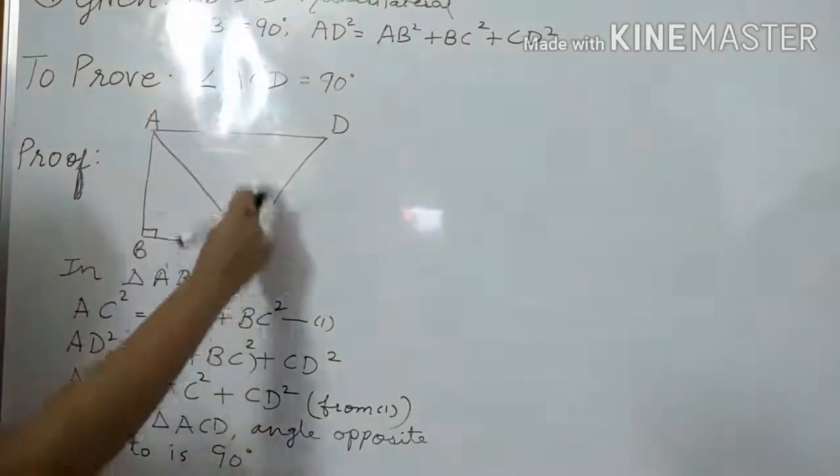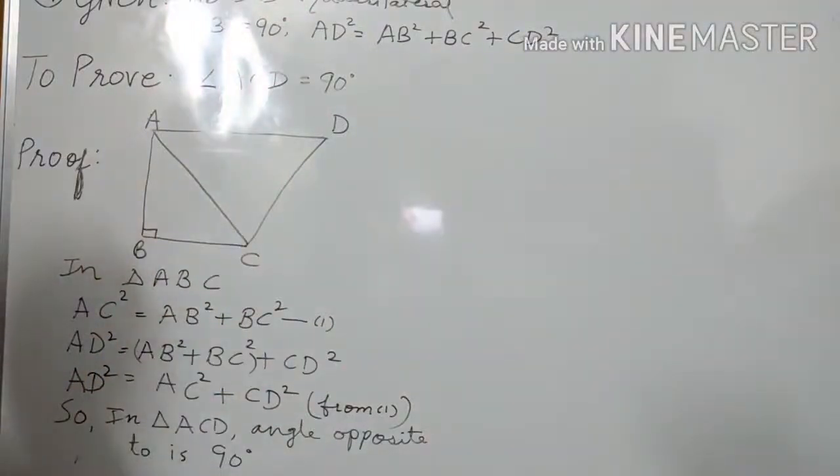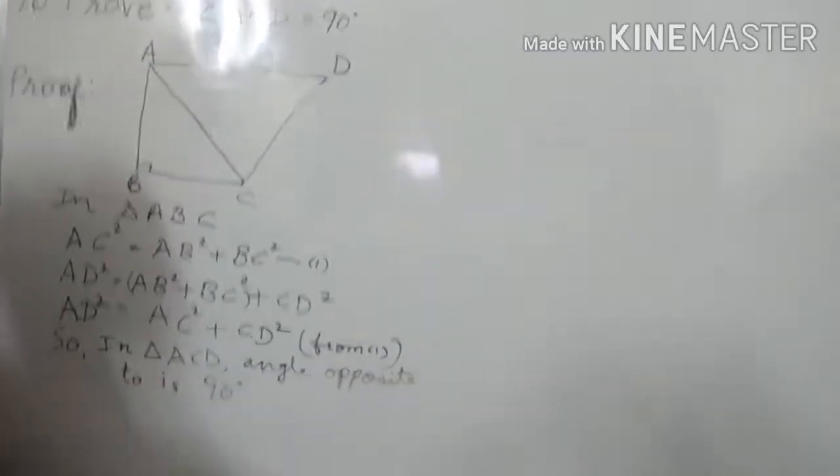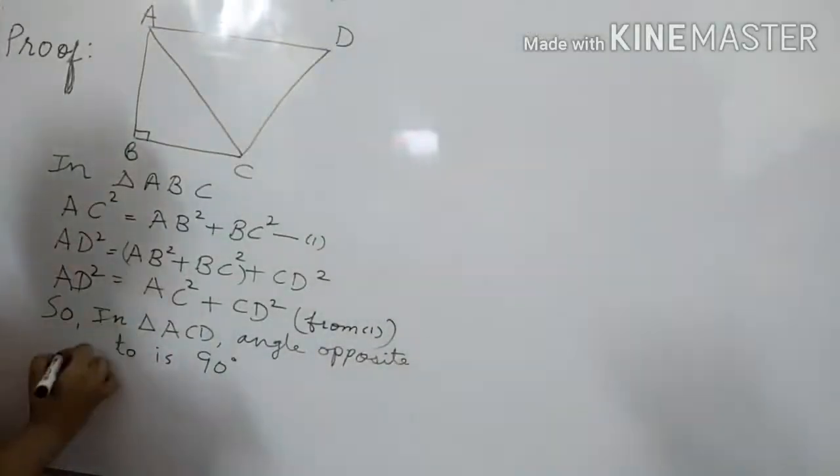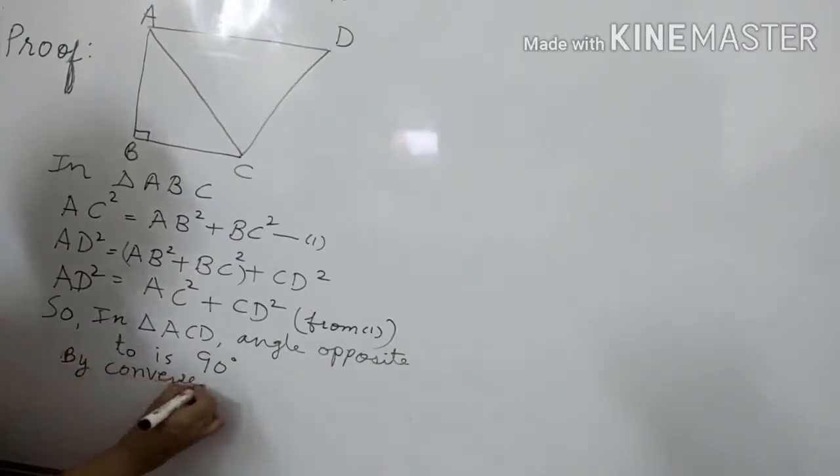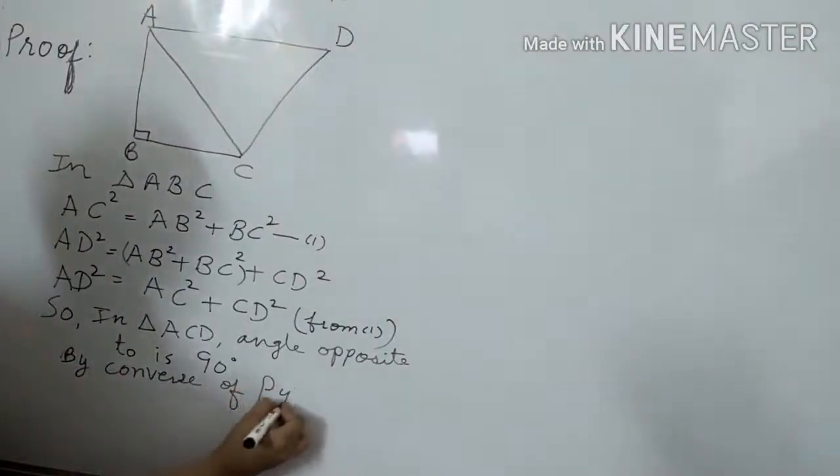This is the angle opposite to AD in triangle ACD. So how can we write this? By converse part of Pythagoras theorem. So I am writing here by converse part of Pythagoras theorem.